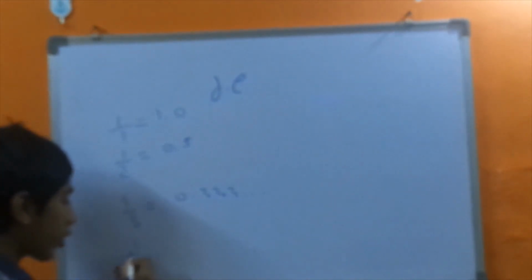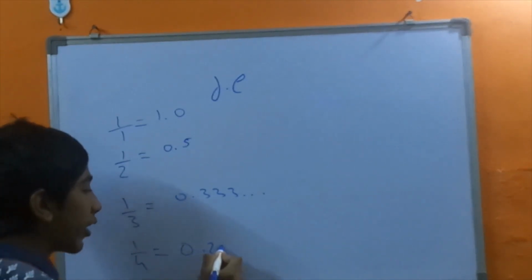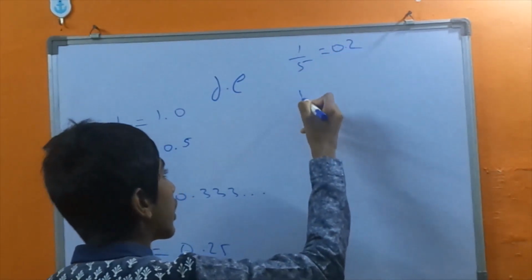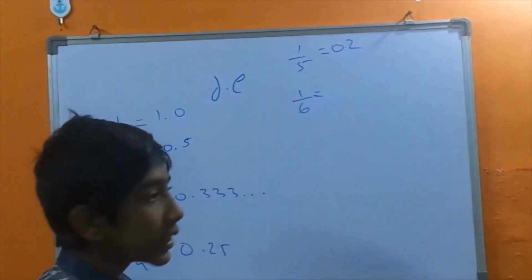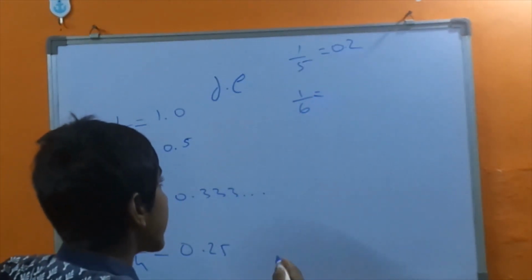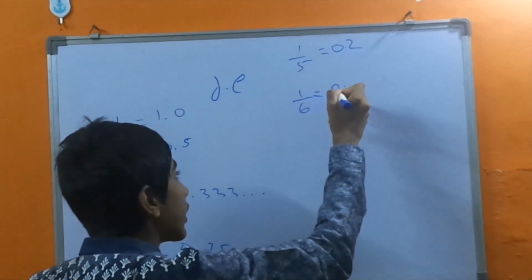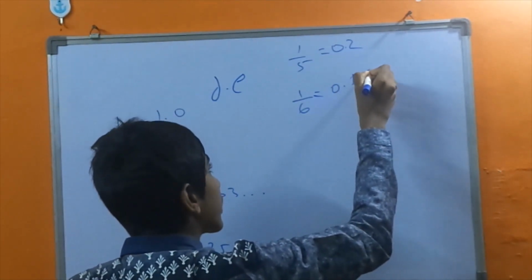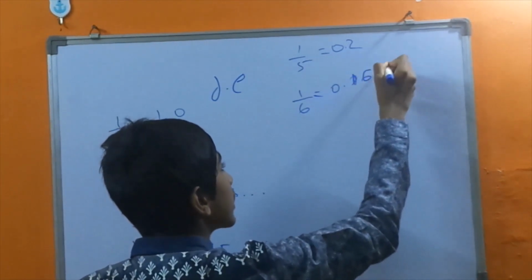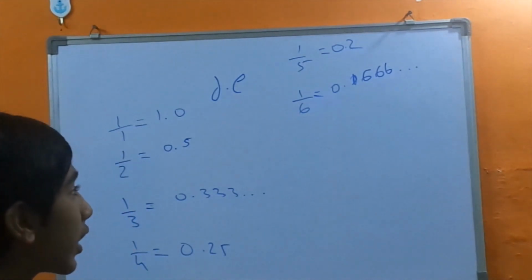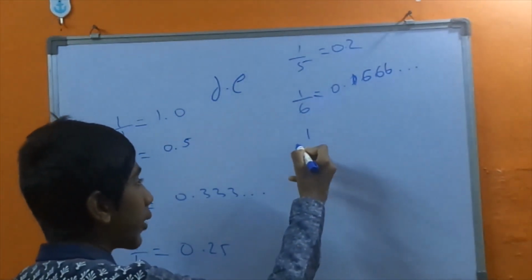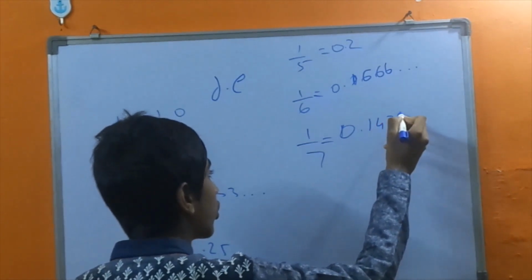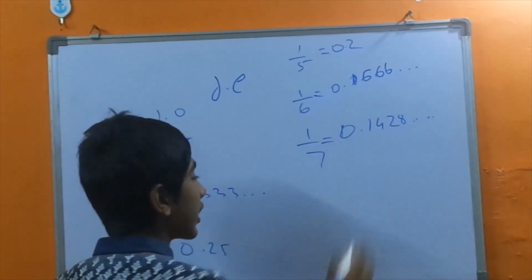And 1 by 4 is nothing but 0.25 and 1 by 5 is nothing but 0.2 and 1 by 6 is nothing but 0.1666 and so on. 6 gets repeated itself. 1 by 7 is nothing but 0.1428, something like that.